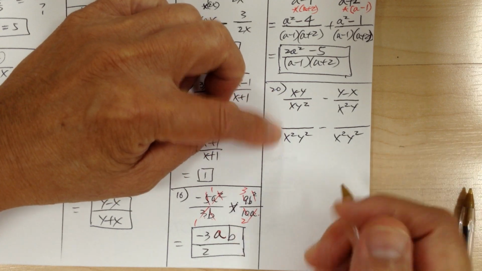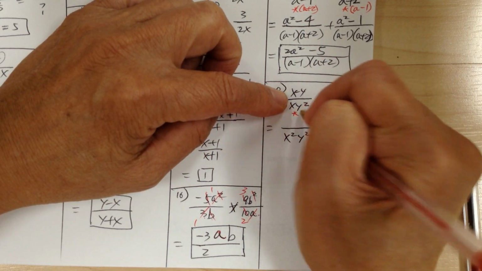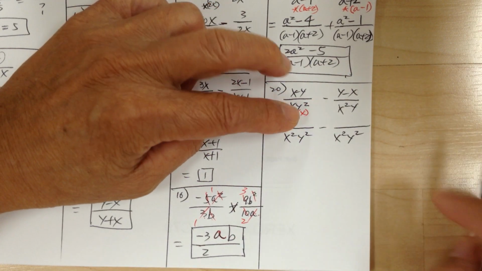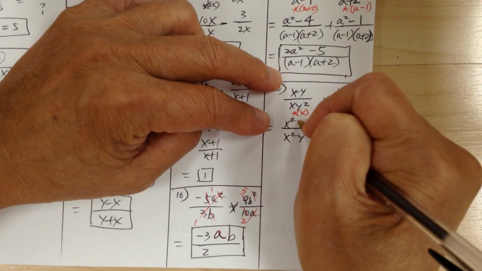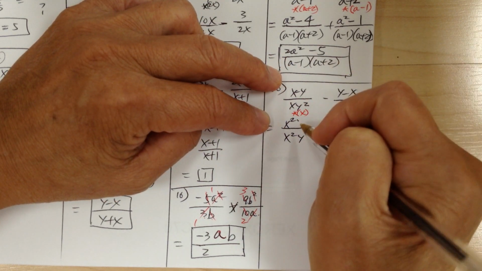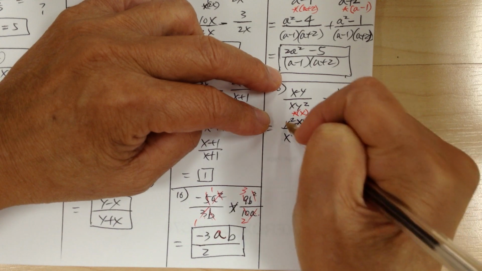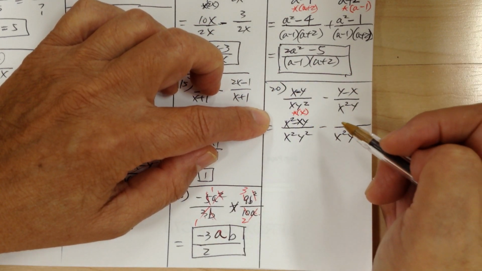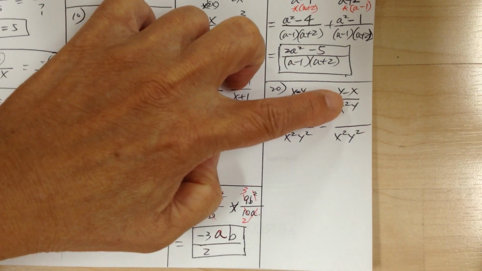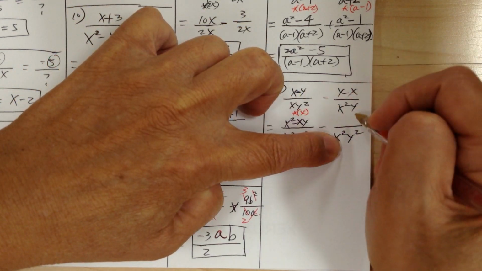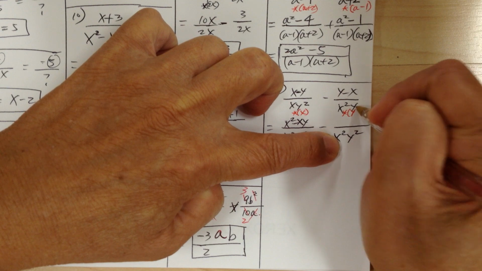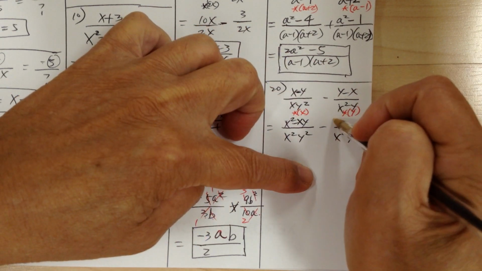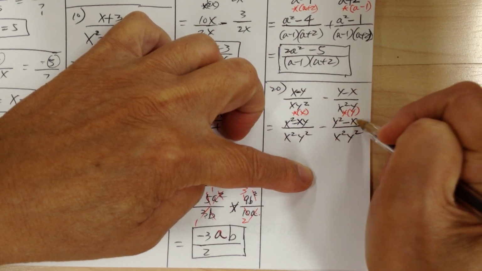From here to here, you need to multiply by x. So you're going to end up with x squared minus xy. And the next one, from here to here, you're missing the y. So when you multiply, you're going to end up with y squared minus xy.